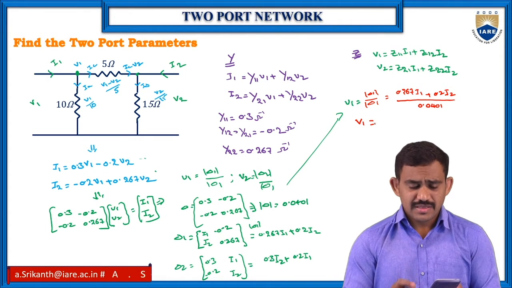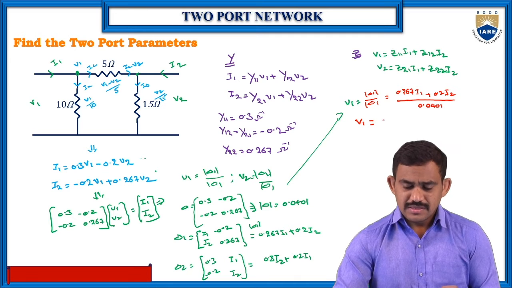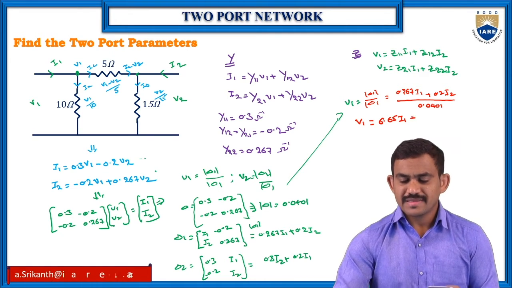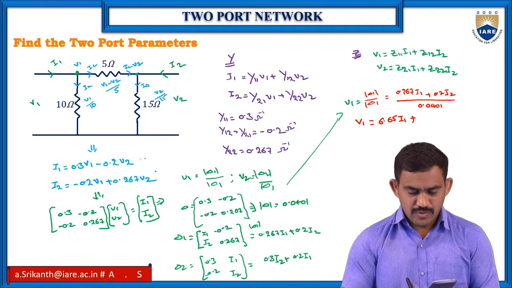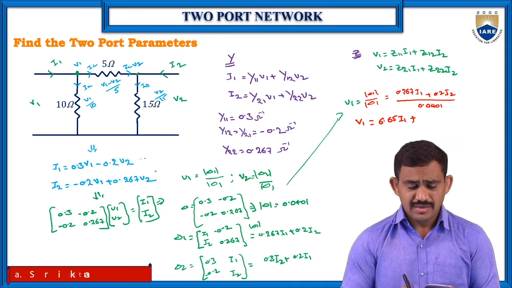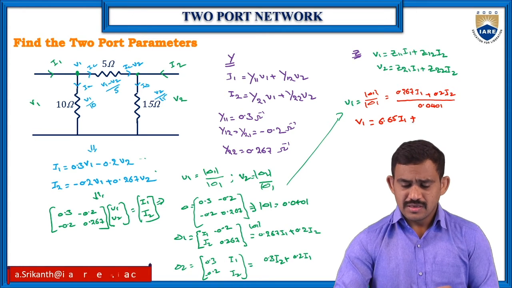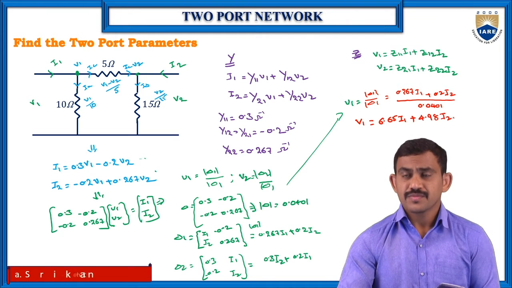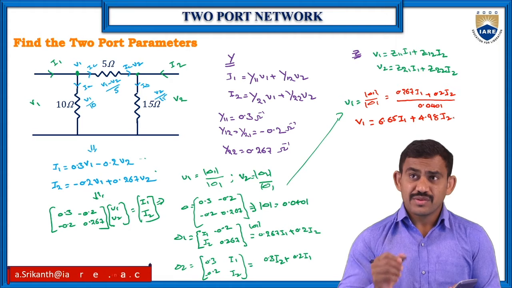Now the value is 6.65 I1 plus again 0.2 divided by 0.0401. The value is 4.98. You can write like 5 also, no problem. Okay, this is like V1 value.